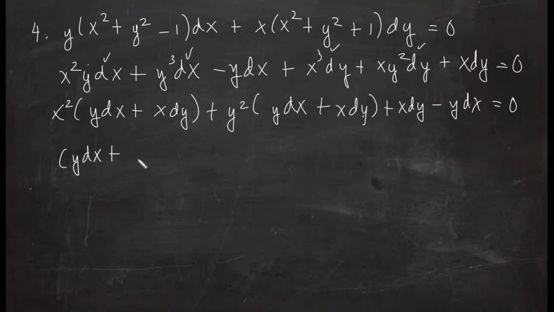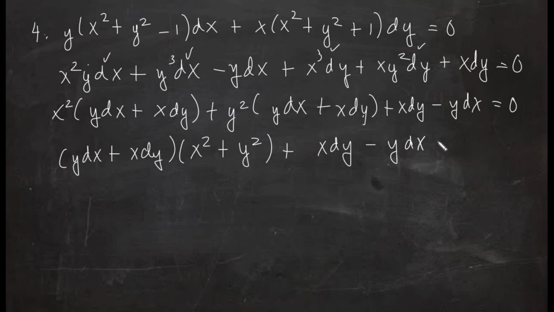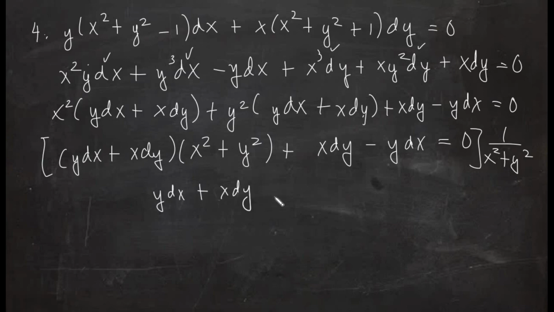So we have y dx plus x dy times a quantity x squared plus y squared, and then we have x dy minus y dx is equal to 0. Now, if I divide or multiply by 1 over x squared plus y squared, then that would leave my differential equation as y dx plus x dy plus x dy minus y dx over x squared plus y squared.